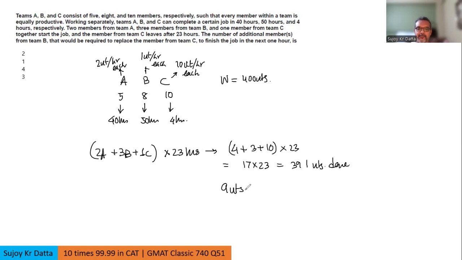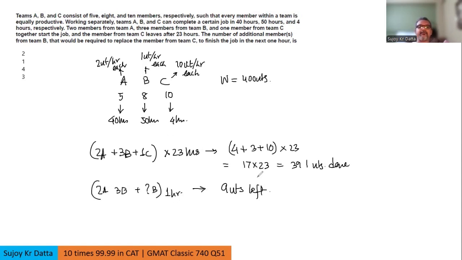9 units remaining. Now you're saying that C is leaving the job, and instead of C, some people from B will join. So this 2A and 3B are still continuing, and they will complete the job in the next 1 hour.